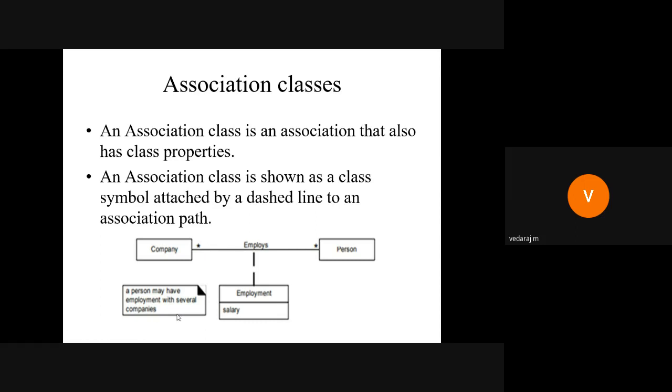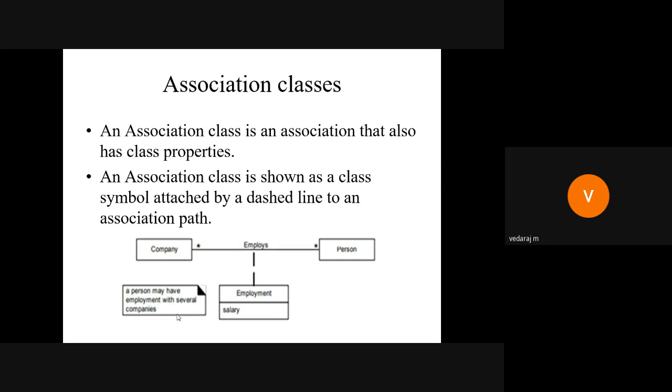Employment is one of the association classes, right? The association class describes only the association. It is not describing the company, and it is not describing the person. It describes only the association: what is the name of the association, what are the attributes of the association. That is called an association class.